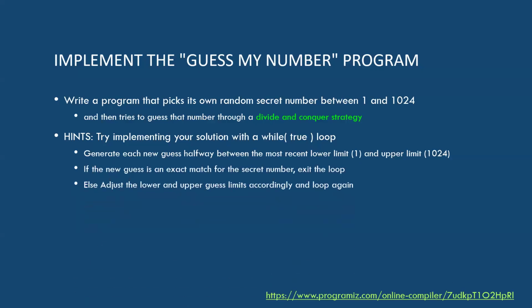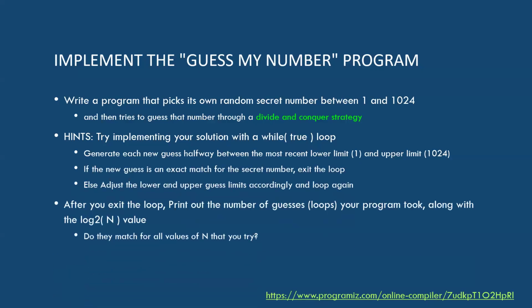Like, we want to prove it to ourselves. Okay, so let me take you to the code so you can see. But at the end of this, you should be able to compare your total guesses with log base 2 of n, and they should be pretty close. You might do better, but you'll never do worse than log base 2.